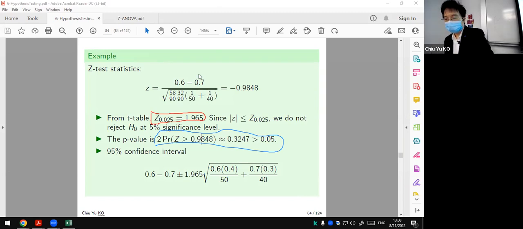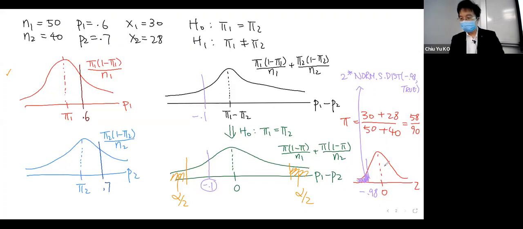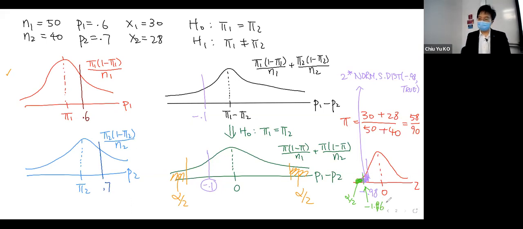Here is 1.96 for the 5%, the alpha over 2 thing, and this is negative 1.96. So that means you really can't reject.